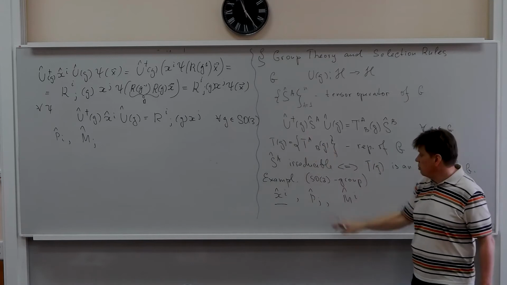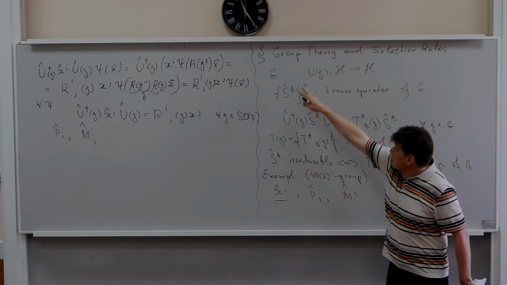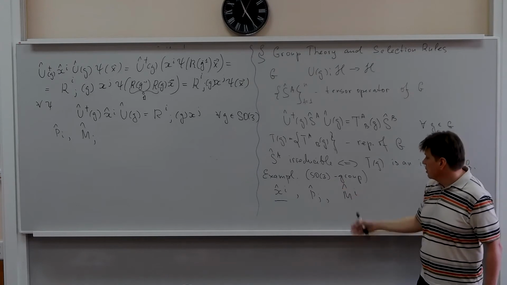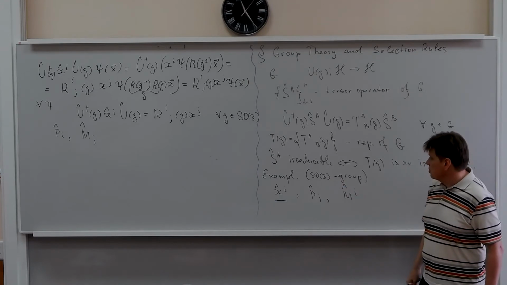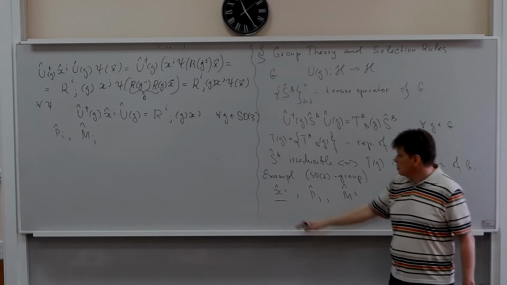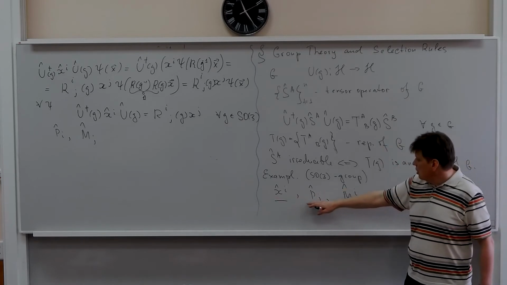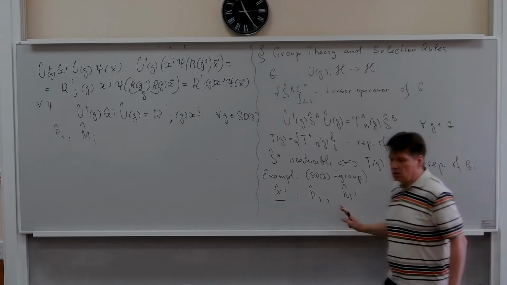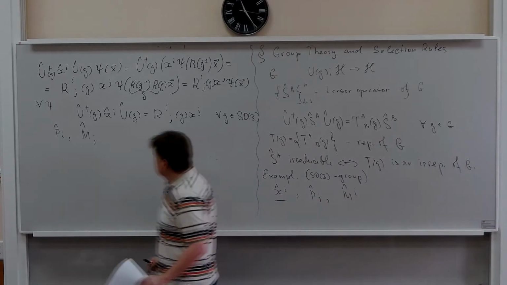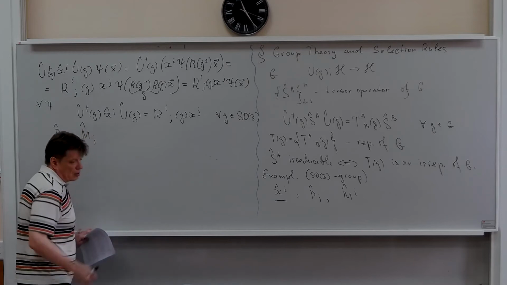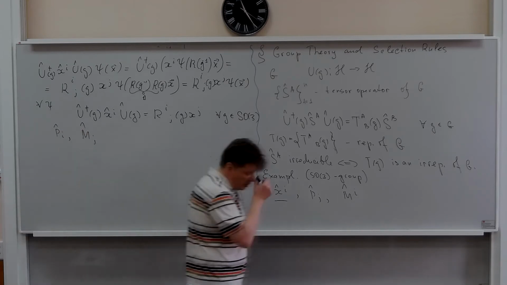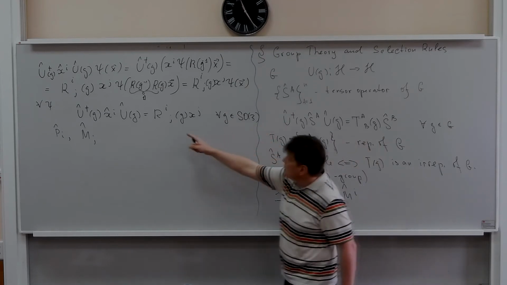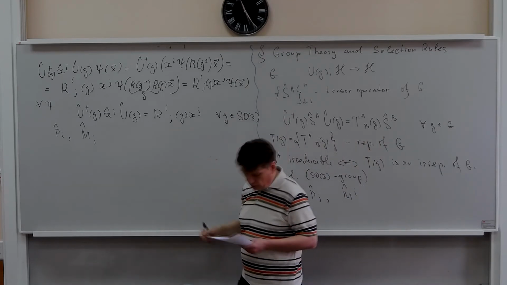As an example, we can take the group G to be equal to the rotation group SO3, and for SO3 we have plenty of different irreducible tensor operators: position coordinates, momentum, angular momentum. All these operators are irreducible tensor operators that transform according to the vector or fundamental representation of the SO3 group.